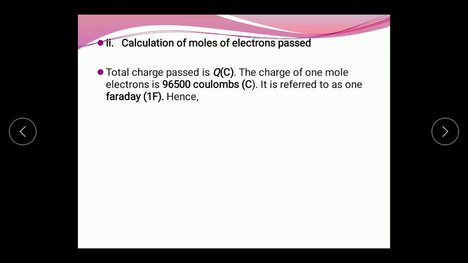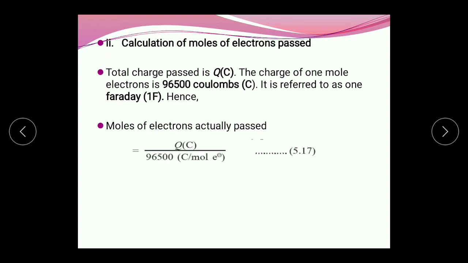He found out that for anything, the charge of 1 mole of electrons is 96,500 coulombs. And we are passing total charge as Q coulombs. Then the moles of electrons actually passed can be calculated using this formula: Q divided by 96,500. That means total charge divided by charge on 1 mole of electrons. That will give you moles of electrons actually passed. Understood? This is the second step.